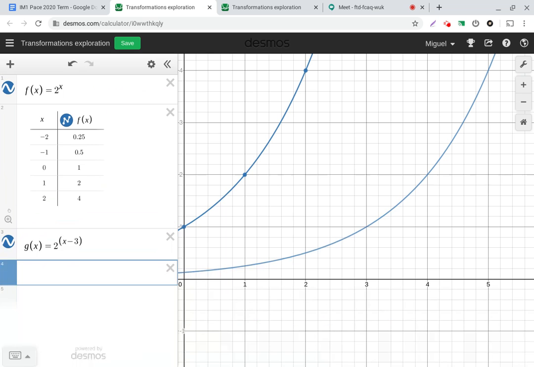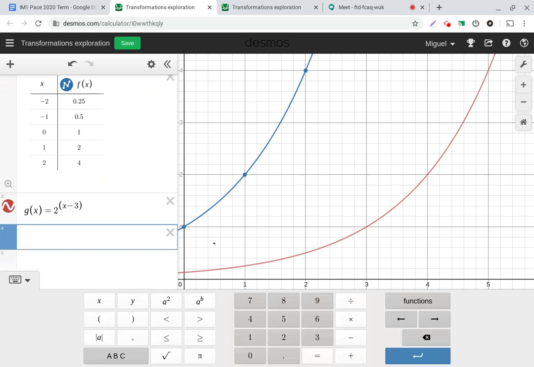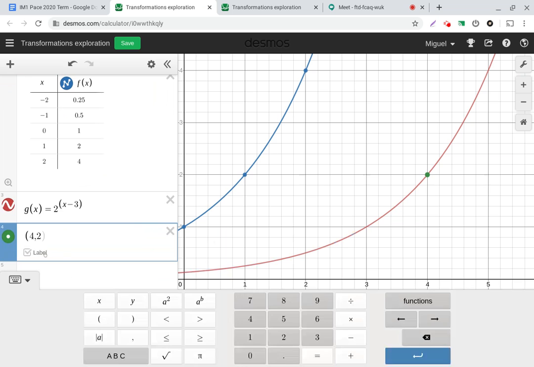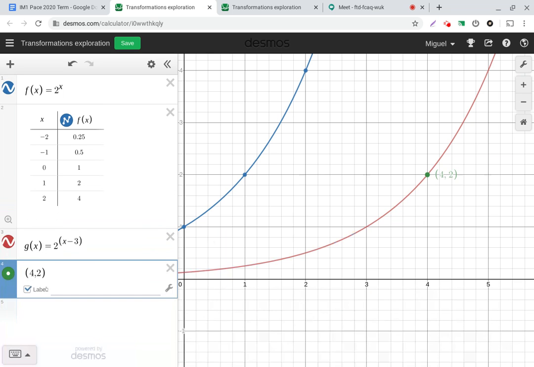And then make it red. And then let's pick a point here. We're going to pick 4, 2.